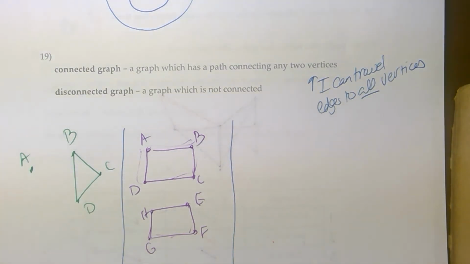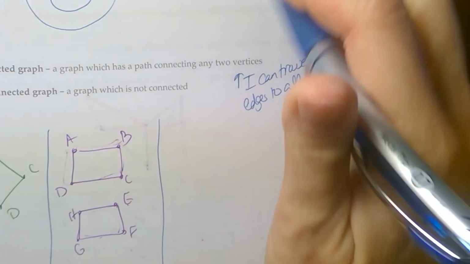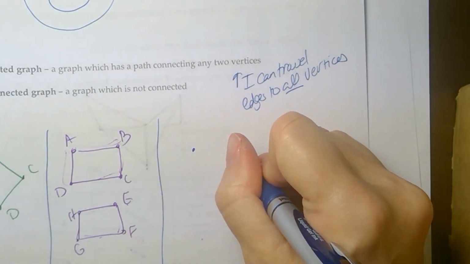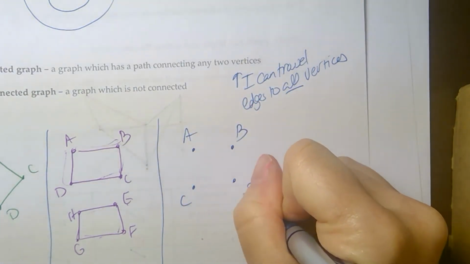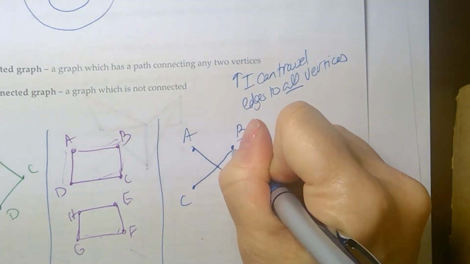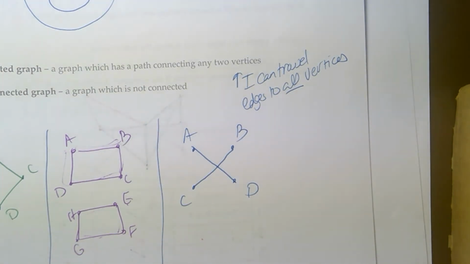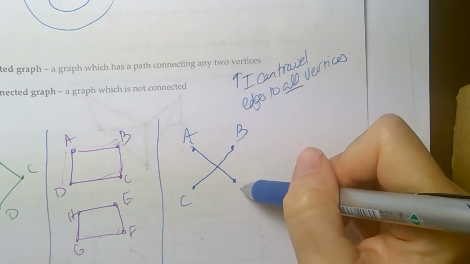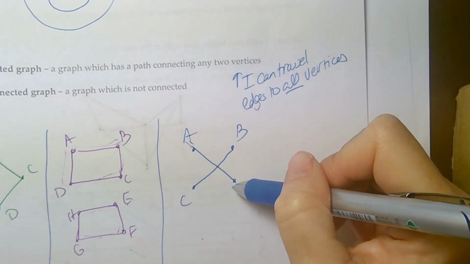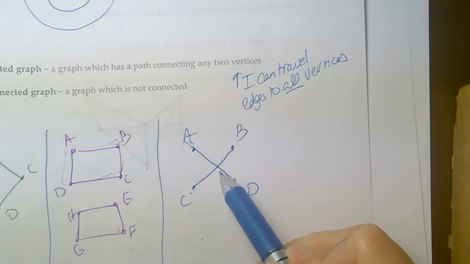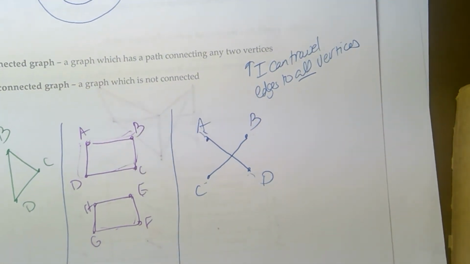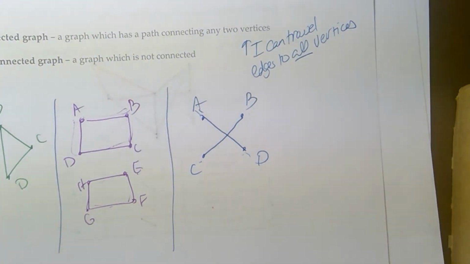My third example of a disconnected graph is this. That graph is disconnected. I can get from A to D and back, but I can't get to the other 2 vertices. I can get from C to B and back, but I can't get to the other 2 vertices. Because remember, I can't change direction where there's not a vertex.